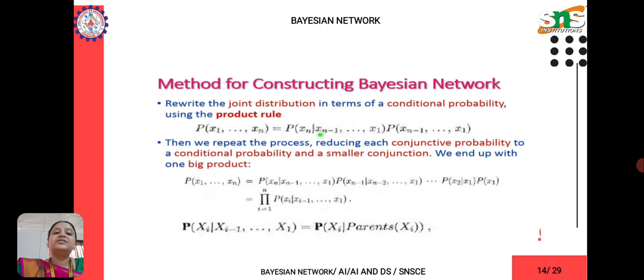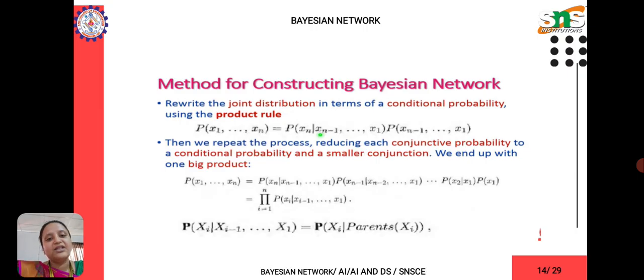From that summation value you will be getting the values, but when you get a summation value you will not understand it. So based on that, you apply the product rule for each and every process involved, and you will get, for example, probability of x of i given x of i minus 1, and it continues, equal to probability of x of i given parents of x of i.